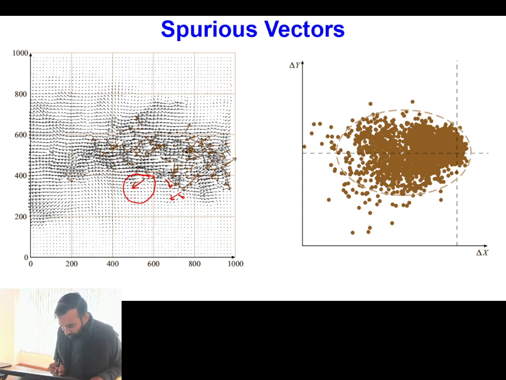But in this particular region, if you observe, this vector all of a sudden appears at a random location, and it has extremely high magnitude which is not present for the other surrounding velocity vectors. Moreover, the orientation of this vector deviates significantly from the orientation of the surrounding velocity vectors.